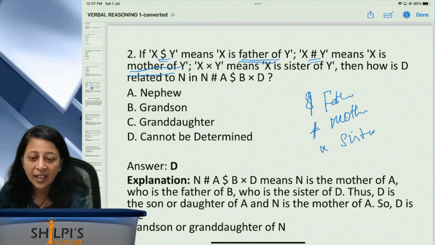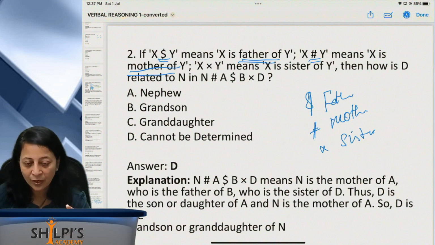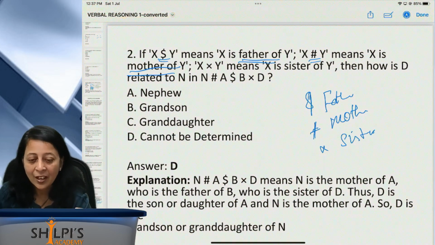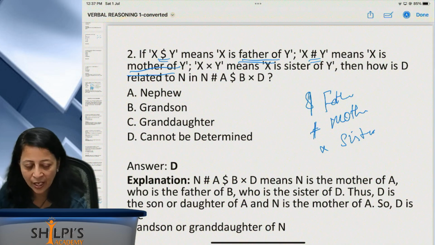Then how is D related to N? How is D related to N? So with the function of all these symbols, you have to tell. Now we saw that hash means mother.